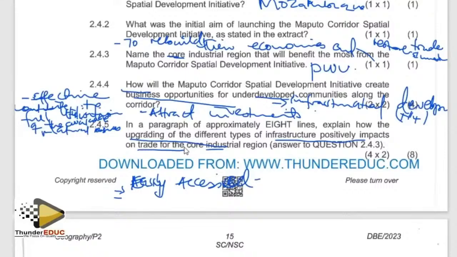And due to this, efficiency and production will increase. So how will production increase? Production will increase because roads and infrastructures are upgraded, and this will have a positive impact on this region as people will be coming in and out.